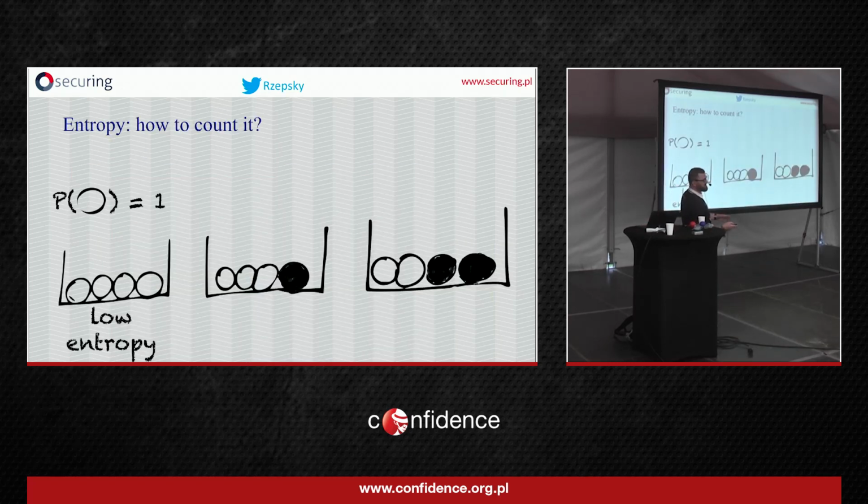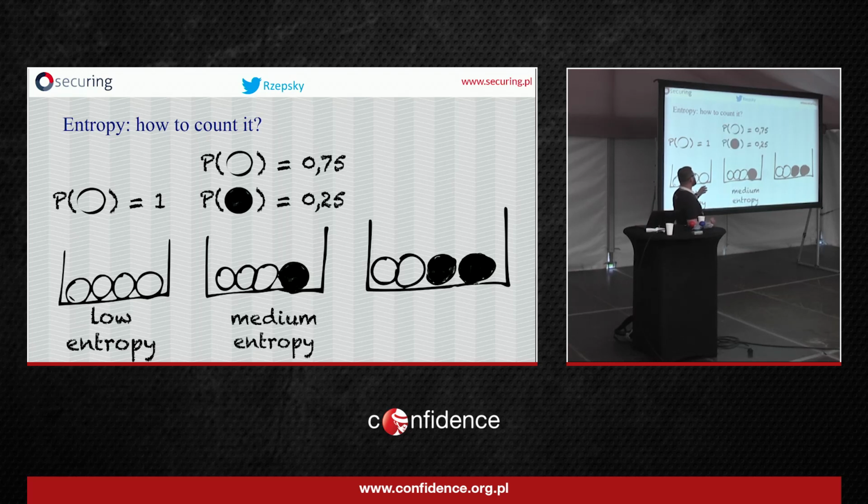So, to be more scientific, we can use the probability. For example, imagine 3 boxes, and let's count the probability of taking any ball. In the first, you can see only white balls, so the probability of finding a white ball is 1, so there is low entropy.